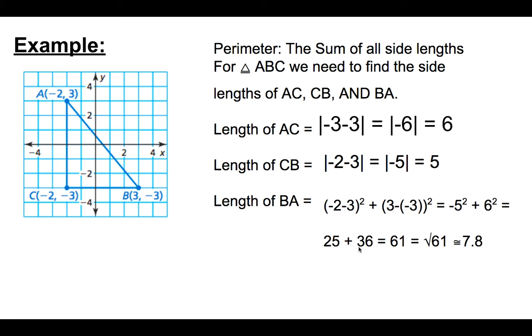We take the sum of those two numbers, it gives us 61. And then again, when we're talking about the length and the distance formula, it's the square root of this value here. So we're going to take the square root of 61, which is approximately 7.8.